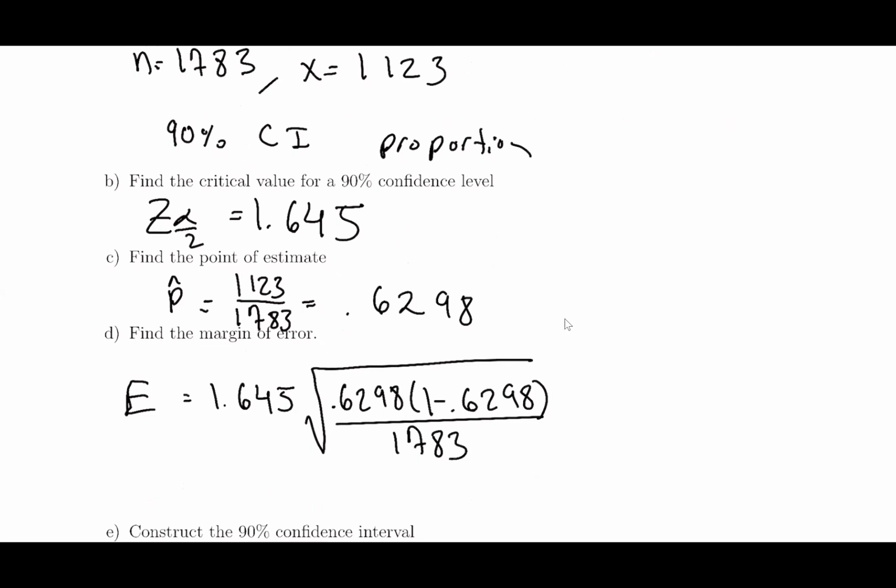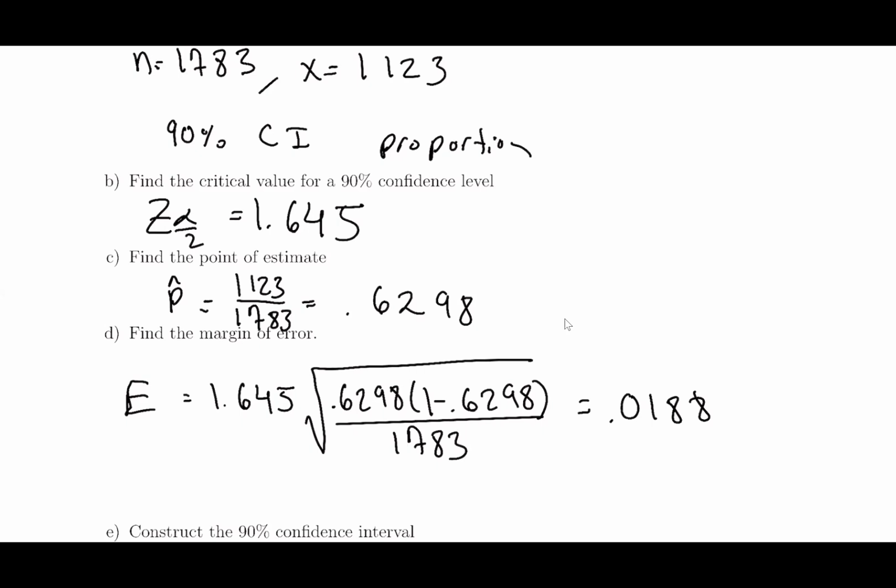I'm going to do that real quick. If you calculate this and round to 4 decimal places, you get 0.0188. So that's your margin of error.